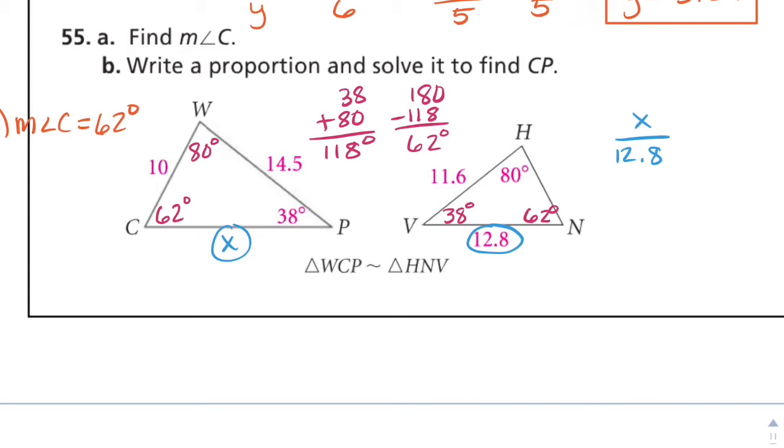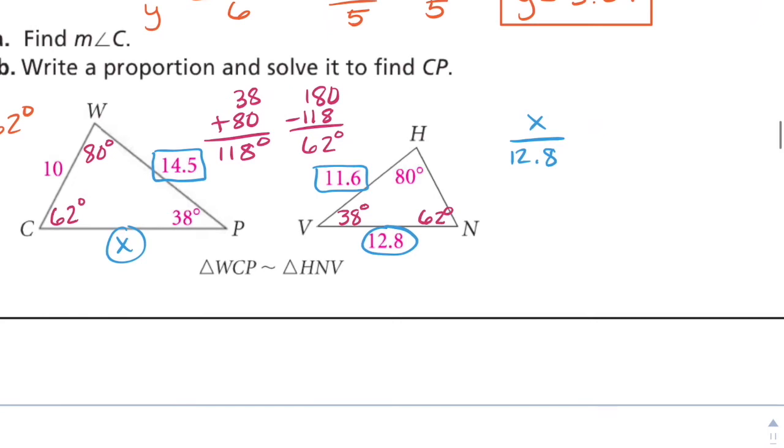That side is included between both angles, so those are the proportional sides. The only other sides I'm allowed to use are the two that are given in the right spots, between the 80-degree and the 38-degree angles. I'm going to make sure I go in the right order. I'm going to put 14.5 in the numerator and 11.6 in the denominator, because I went from left to right, so I'm going to go from left to right again.